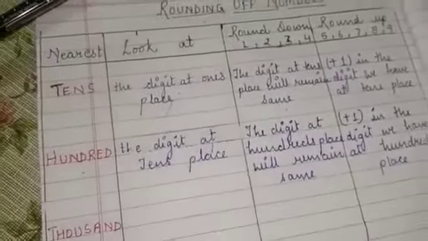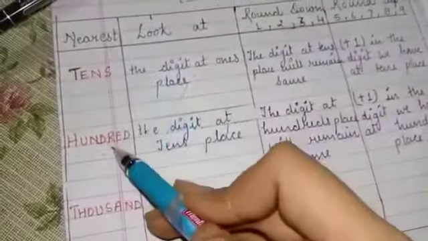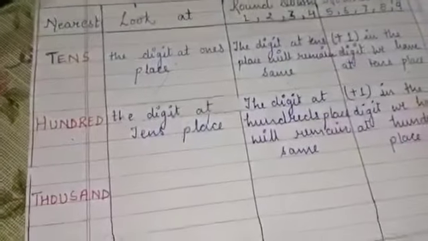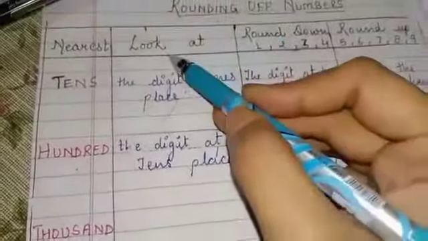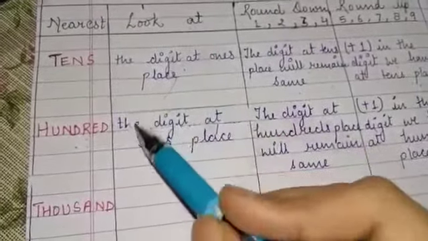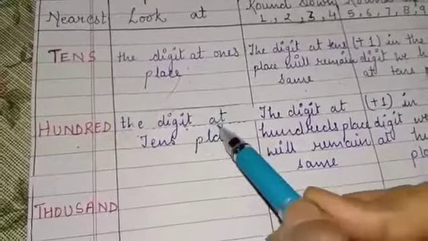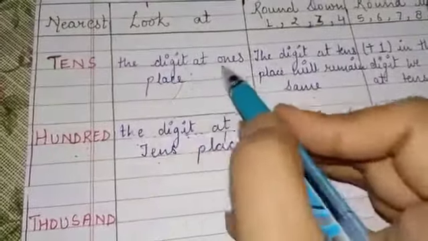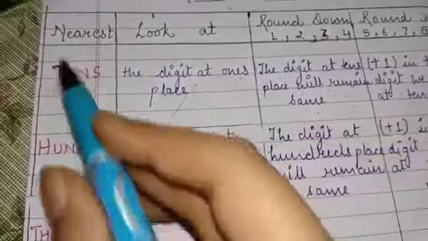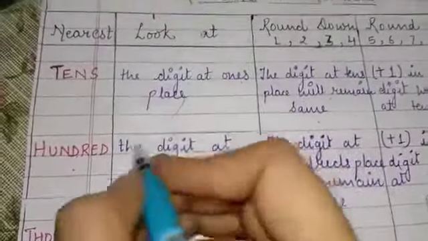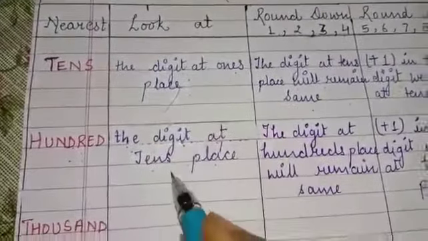So the next one is nearest 100. If we do nearest 100, we will look at the digit we have at tens place. Here we looked at the digit we have at ones place, but while doing nearest 100, we will look at the digit we have at tens place.